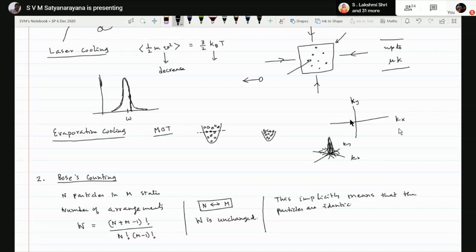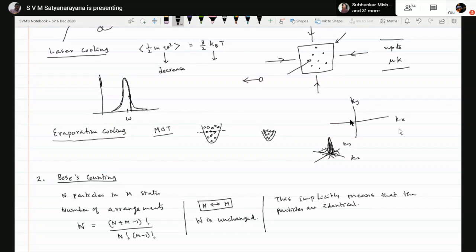If the particles are not identical, then this kind of a symmetry cannot come through, because the number of configurations will be different, and this kind of an expression is not true if you have distinguishable particles, and hence this symmetry also is not possible.